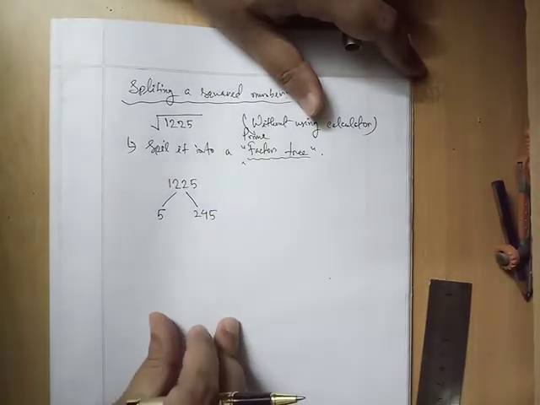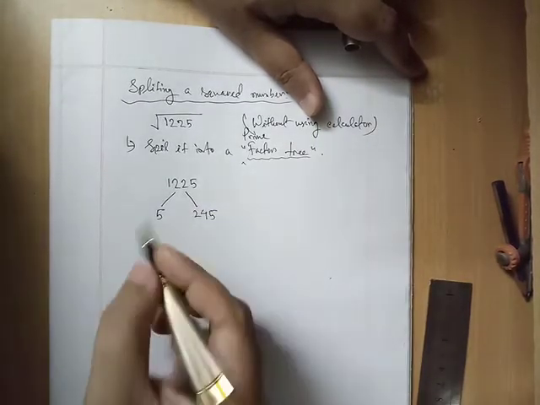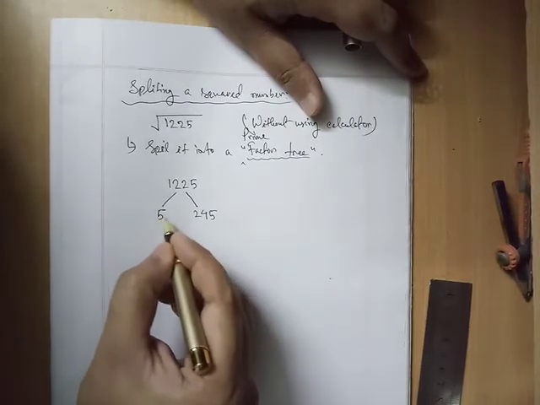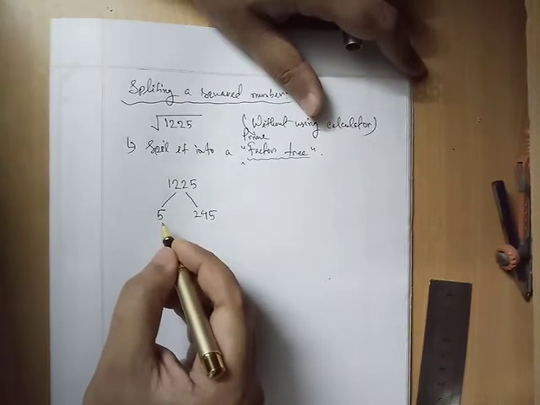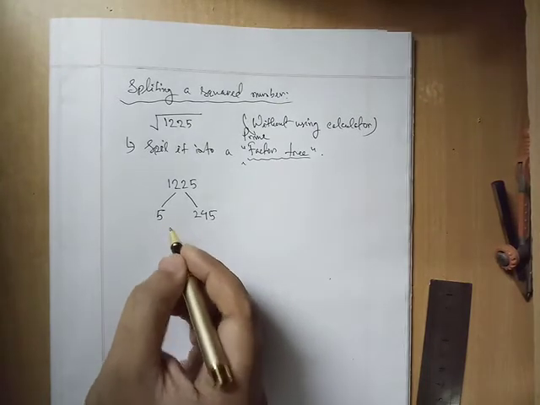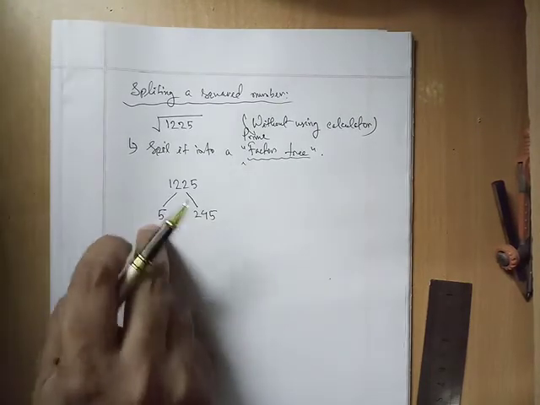Now I have already got a prime number here. See, 5 is a prime number. Why? Because 5 is only divisible by 5 and the number itself, so I don't need to break it up again.